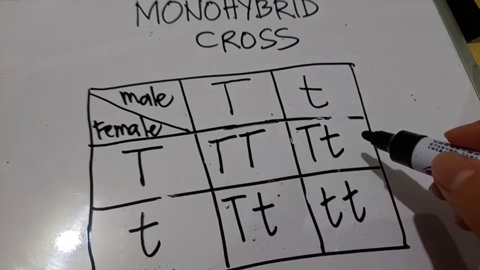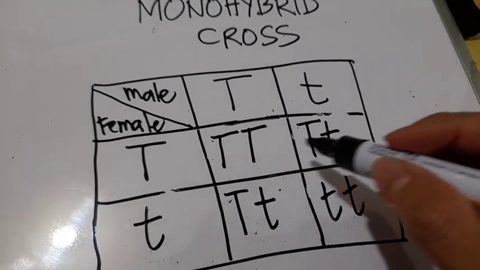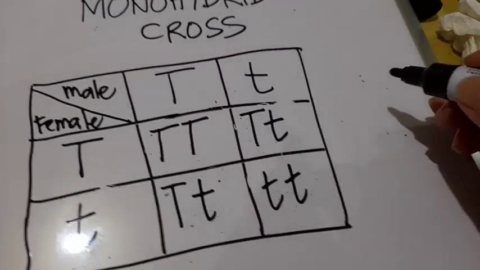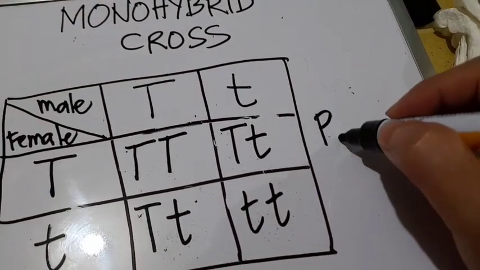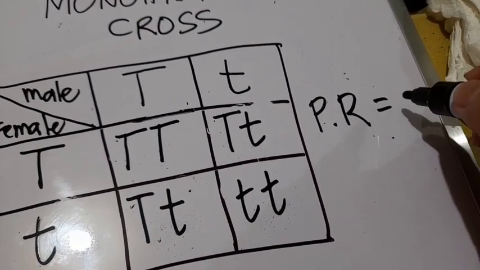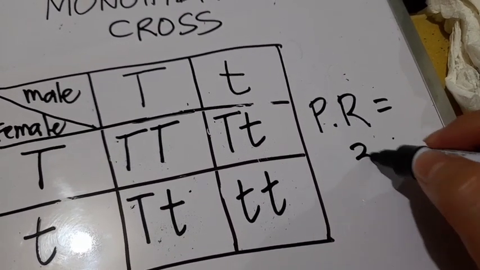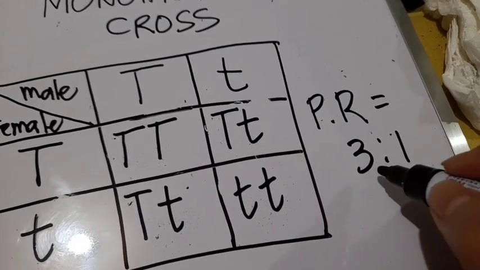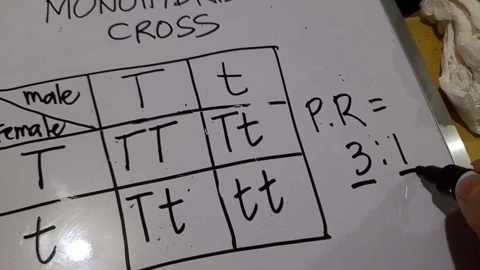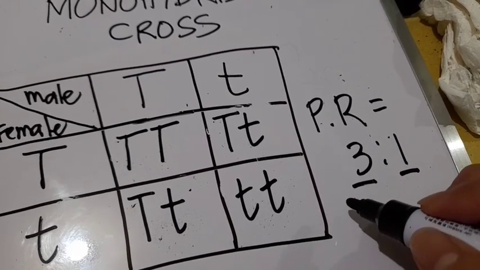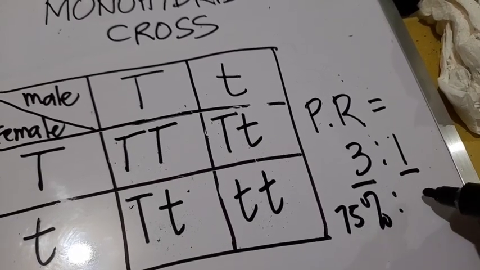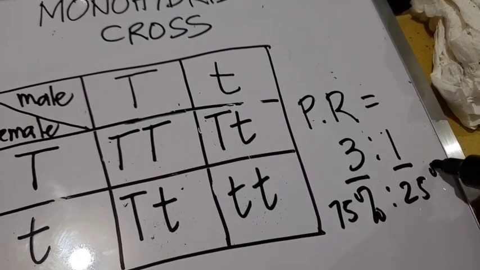So what is the ratio between tall and short, or what is the phenotypic ratio? So the phenotypic ratio, or the PR, is equal to 3:1, meaning there are 3 tall and there is 1 short, or we have 75% tall is to 25% short.